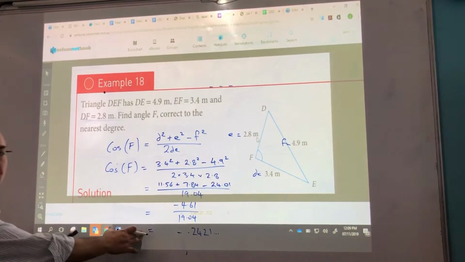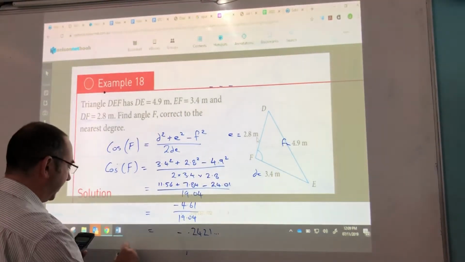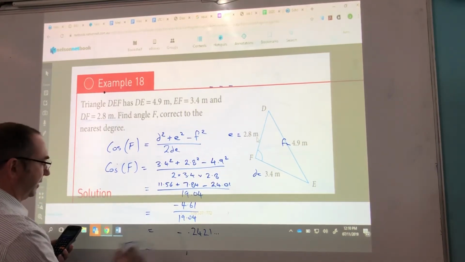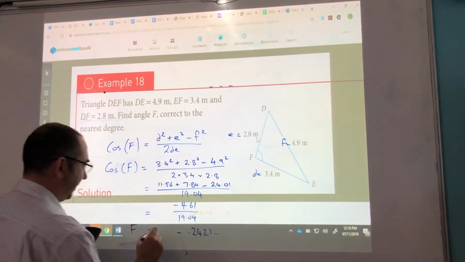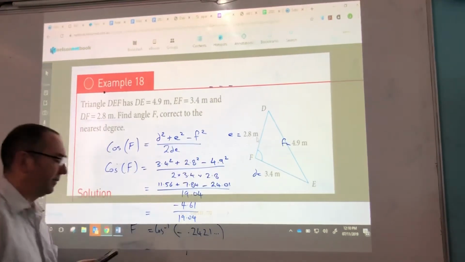So if cos f is equal to that, and we need to find f, we know that f is going to be cos to the minus 1 of that.